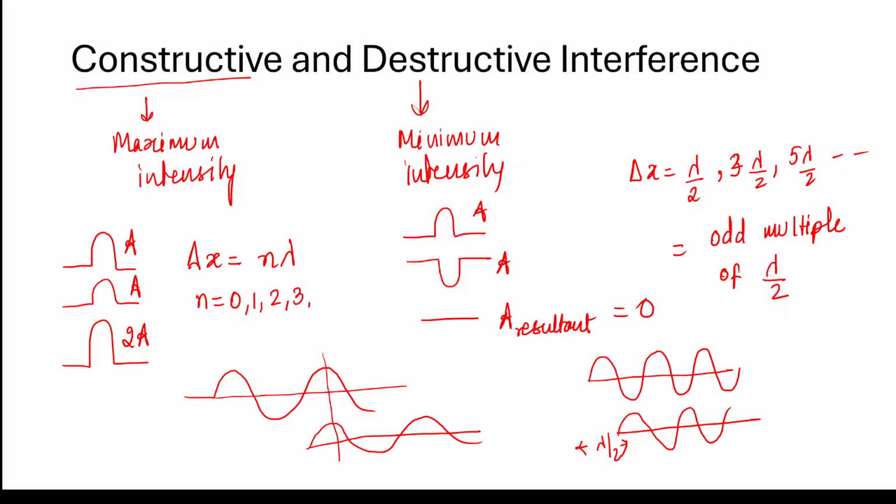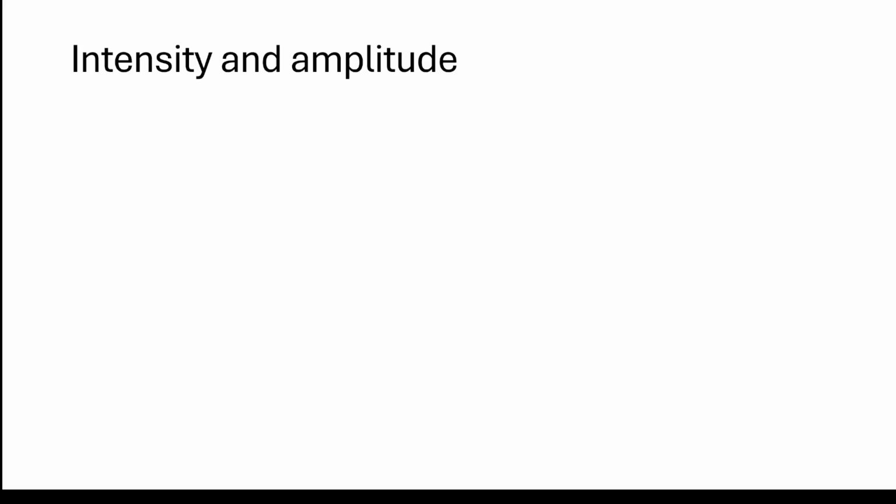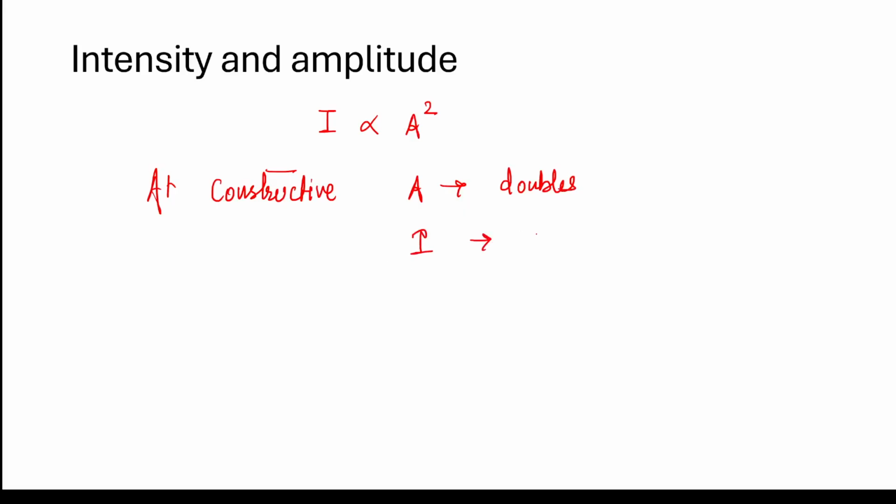Okay, now what is the relationship between the intensity and the amplitude? You just need to know this, that intensity is proportional to amplitude squared. So whenever it is constructive, what is happening? Amplitude doubles, and because intensity is proportional to amplitude squared, intensity becomes 4 times.